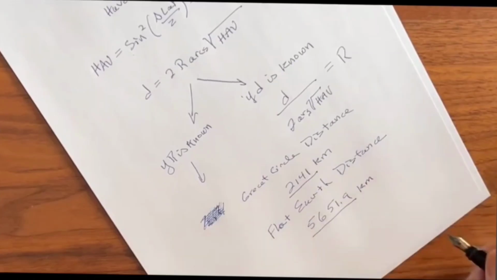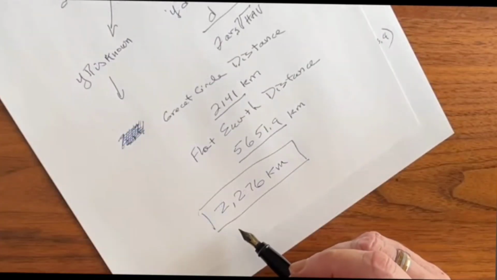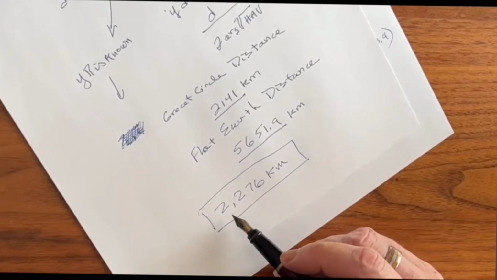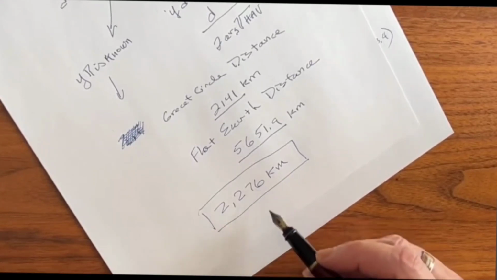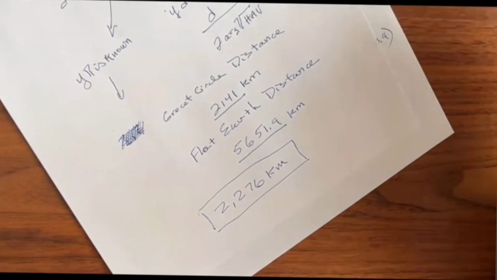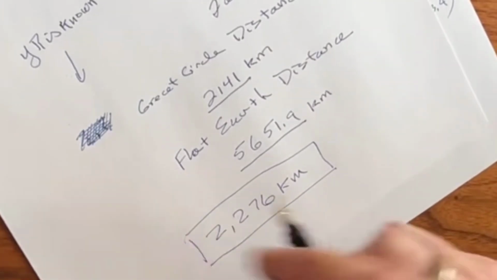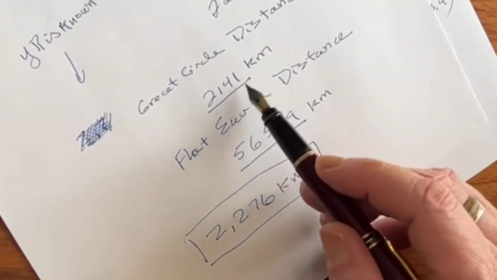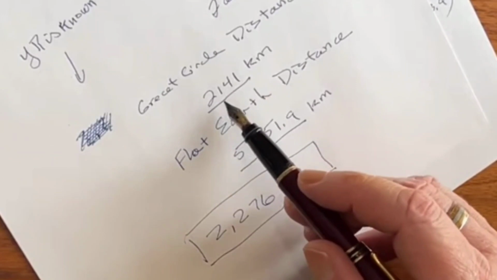What's the actual length of the cable? Based on published records, the cable length between those 2 locations is 2,276 kilometers. Okay, what's this tell us? It tells us you're full of it, Bob. Well, first of all, the minimum distance it could be on a spherical Earth is 2,141.